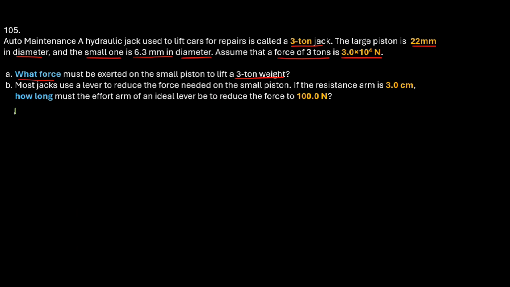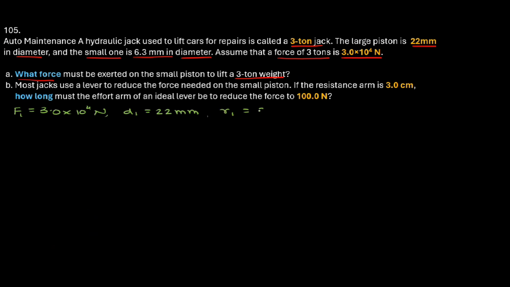I have the force F1, which is the weight of the object to be lifted, which is 3 ton. And they have mentioned 3 ton is equivalent to 3.0 times 10 to the power 4 Newton. Then I have the diameter of the large piston, which I will call D1, equal to 22 millimeter. This diameter I will convert to radius R1.